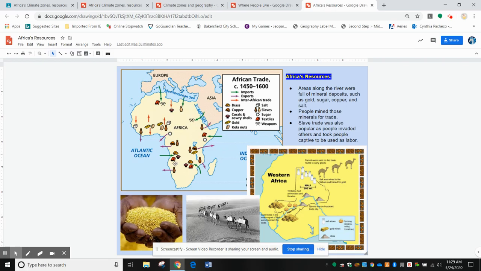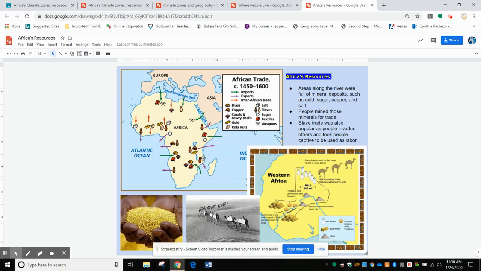So here's the map showing all the major resources. As you can see, because of Africa's area and climate zones and its geography, a lot of stuff was deposited, mineral deposits. Those mineral deposits are your brass, copper, gold, salt, sugar.